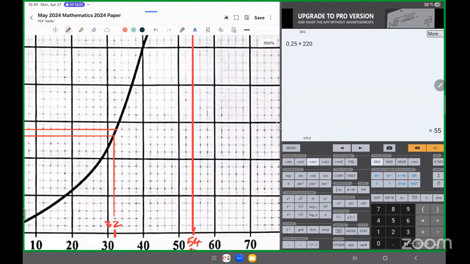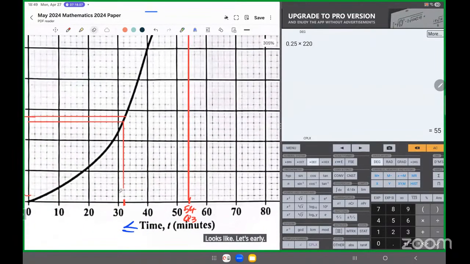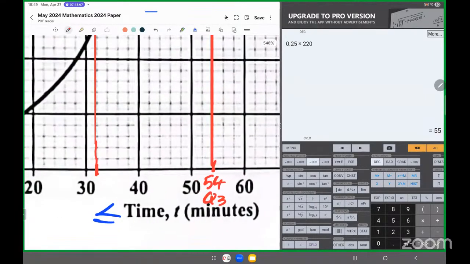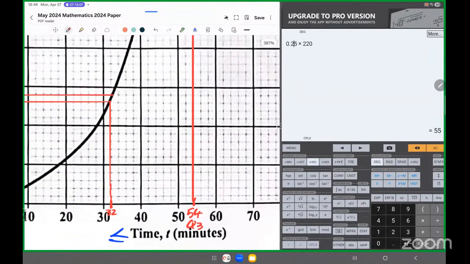And it looks like over 32 here. Look at this line right here.